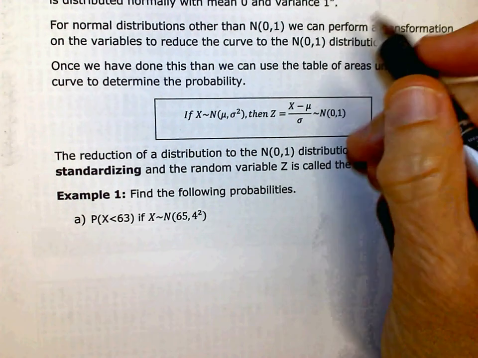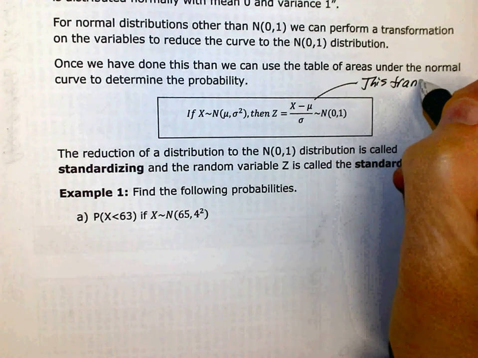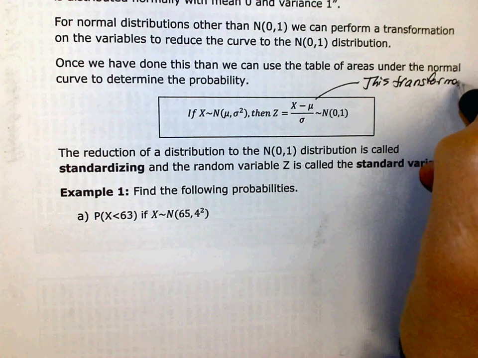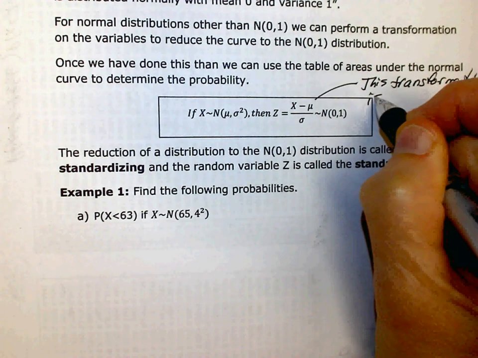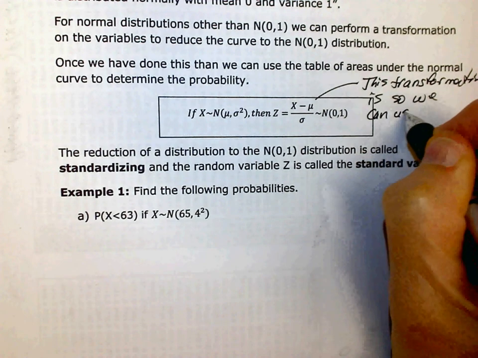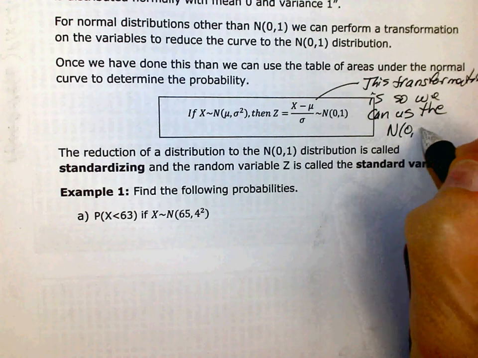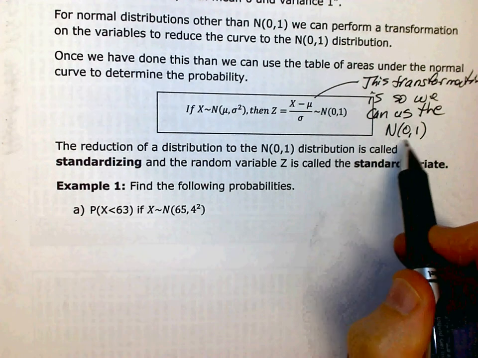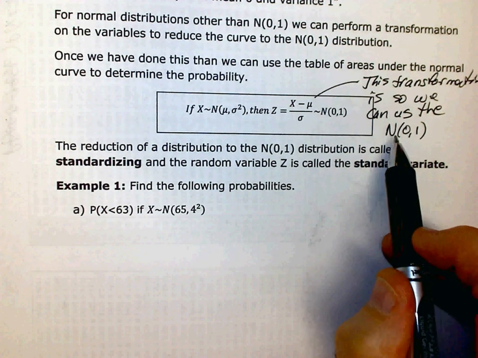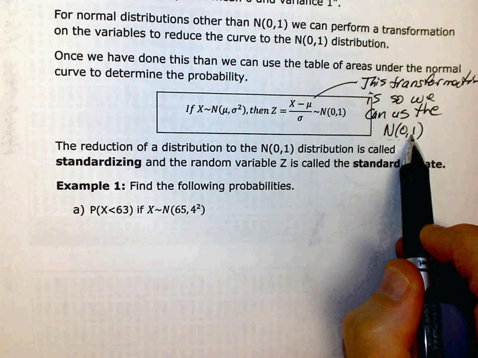This transformation is so we can use the normal distribution table, where the mean is 0 and the standard deviation is 1.